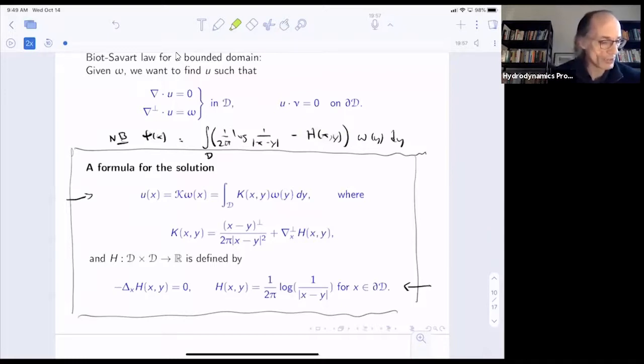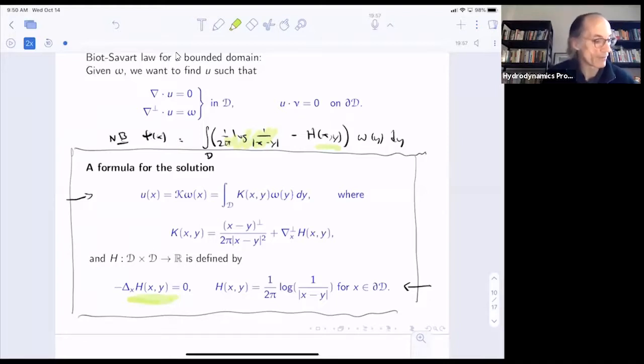So I add on an h, and I want to be able to take the Laplacian in the x variables. Let's focus on the h piece. I want the Laplacian of this thing to be 0, and that will happen if the Laplacian in the x variables of this is equal to 0. Then I can differentiate under the integral sign. I also want the boundary values to equal 0.